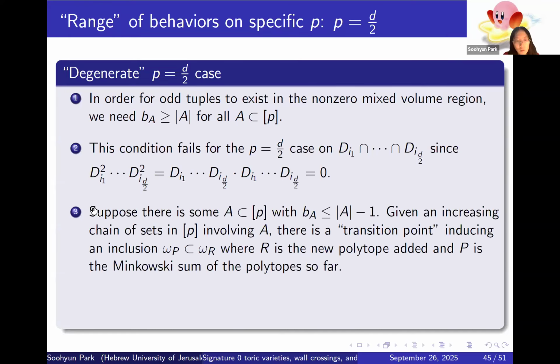Okay, so the third point starts off with stuff that is relevant to any collection of polytopes, and then we'll specialize a bit later in the same point. So suppose that at some point we failed to satisfy the inequality. We either started with something completely trivial, or we have this being satisfied until at some point this happens. So there is a transition point.